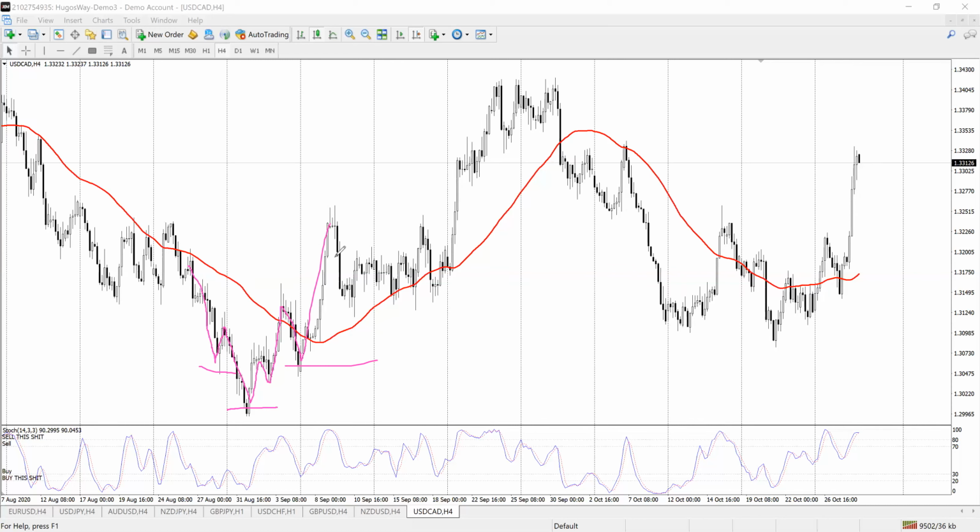You're always going to see inverted head and shoulders, or regular head and shoulders, or M's, or W's in the market 24/7, because those are market structure patterns. So you better get used to seeing all that. It's always going to be obvious, and it's going to be something that your eyes have to get accustomed to seeing and witnessing.